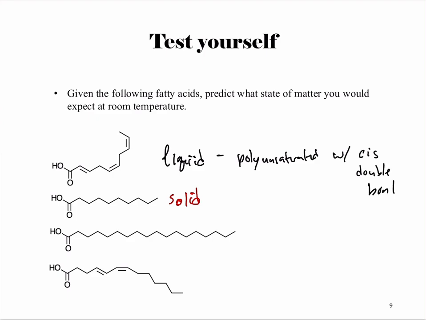Right, that makes it harder for these molecules to line up and stack on each other, and so it is more likely to be found as a liquid. We can't maximize the interaction between the chains because of the shape, and so they are going to have weaker intermolecular forces.